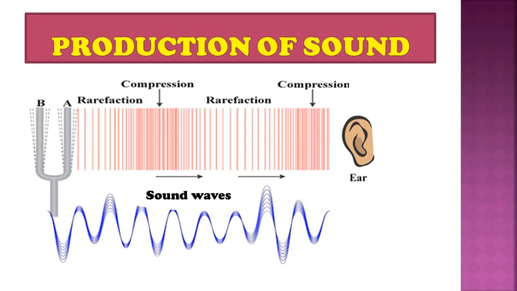So students, sound always travels in the form of a wave, as rarefaction and compression. When we receive the sound waves, our brain analyzes the signals and we get a sense of hearing a sound. Student, this was all about the production of sound with the help of the example of a tuning fork.